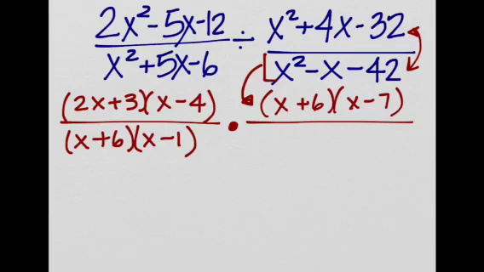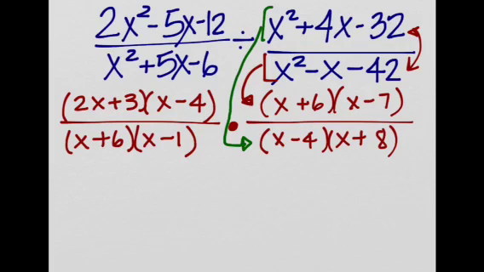Now my x squared plus 4x minus 32, which is the numerator, is going to come to my denominator, and that is going to factor to x minus 4, x plus 8. So I just took the denominator, put it in the numerator of the second rational expression, and then I factored them.